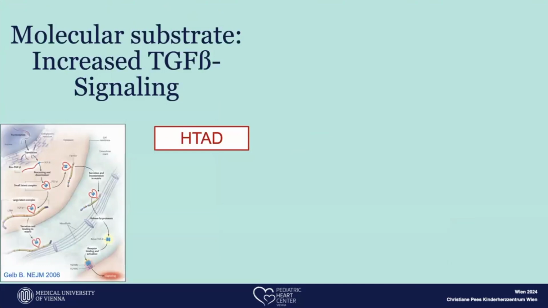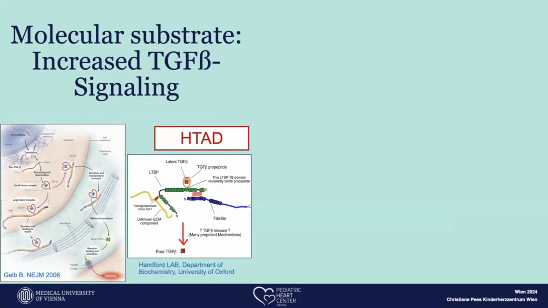So how can we connect Loeys-Dietz with Marfan syndrome a little bit better? We know since a couple of years that fibrillin is not only a connective tissue fibril, but it can as well act as a stabilizer of TGF-beta in an inactive form.